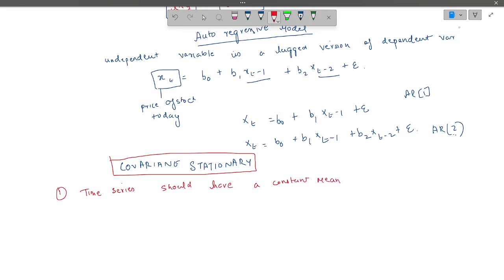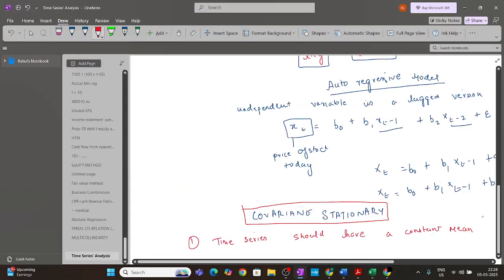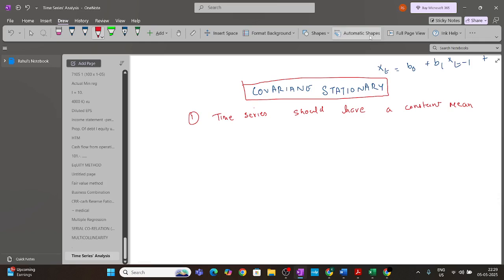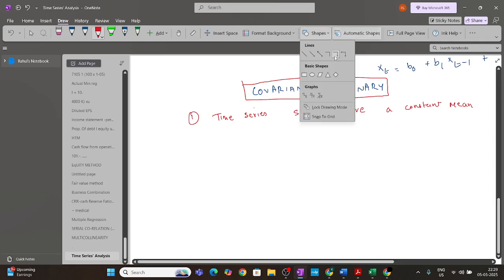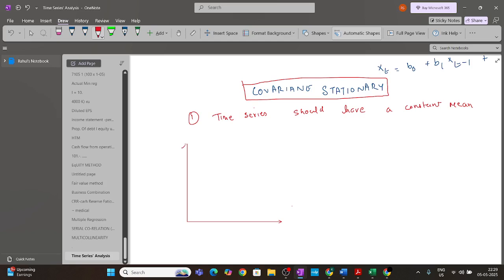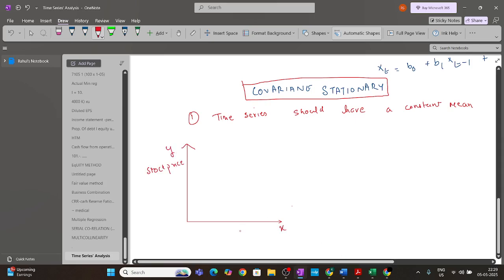तो एक मिनट डायग्राम बनाते हैं यहाँ। So you have this time series, stock prices on the y-axis and time on the x-axis. Does this time series have a constant mean?